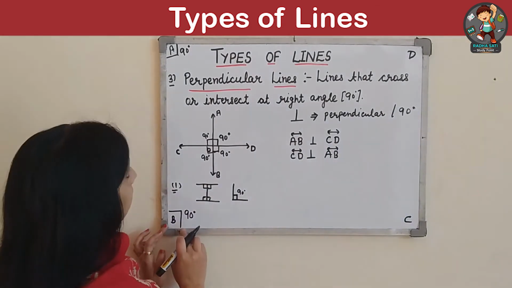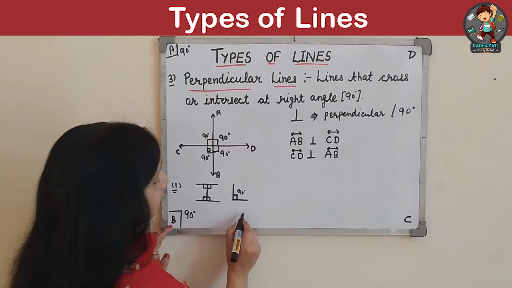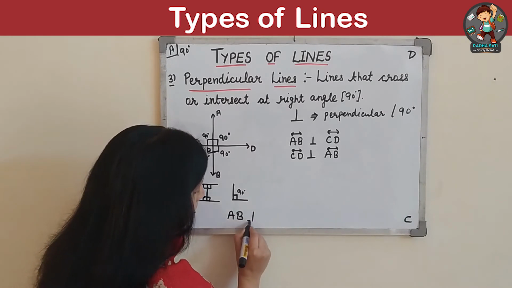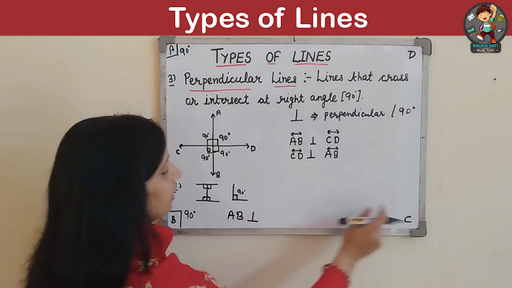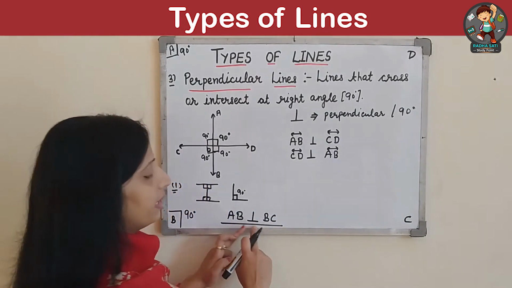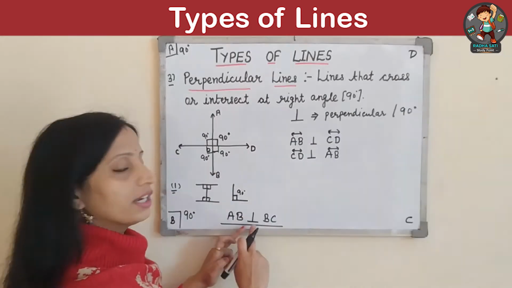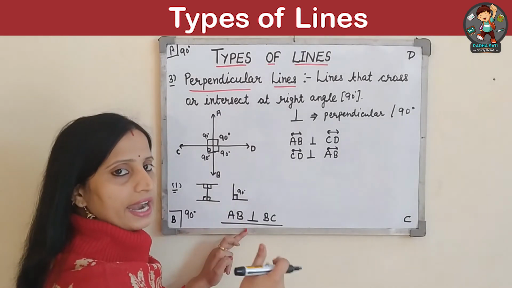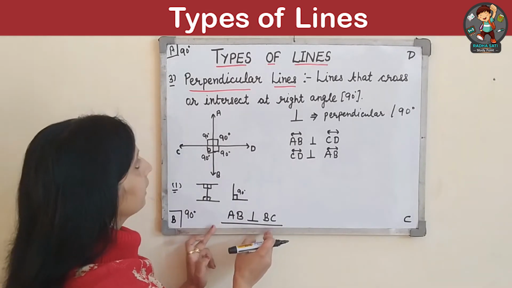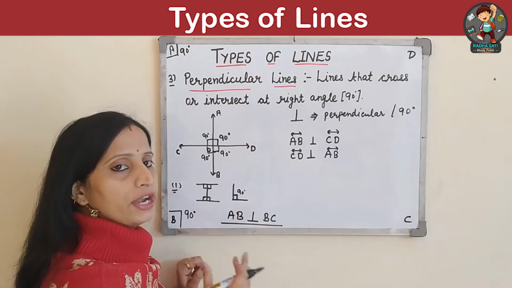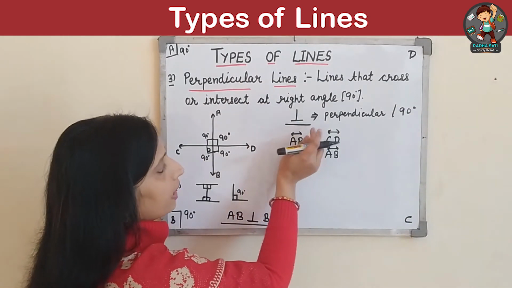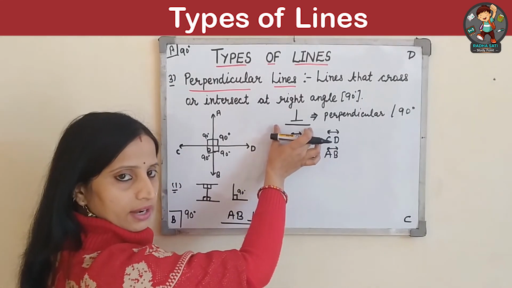So we can write that side AB is perpendicular to side BC. So perpendicular means 90 degree. Wherever the two lines are intersecting at 90 degree or at right angle, then we can say that these lines are perpendicular lines. And we will always use this symbol to denote perpendicular lines.